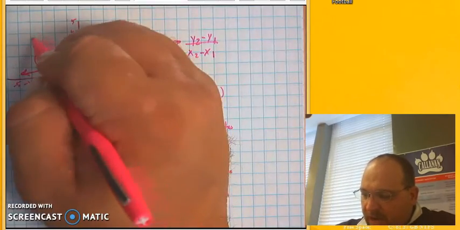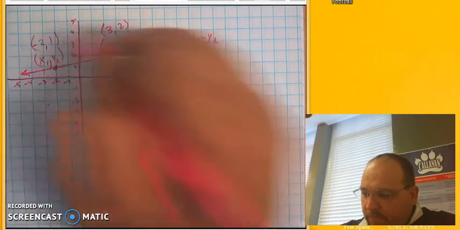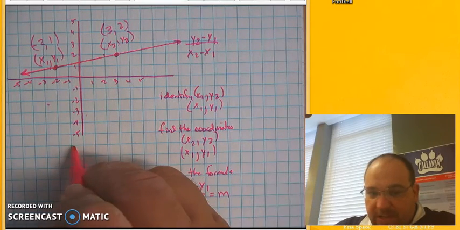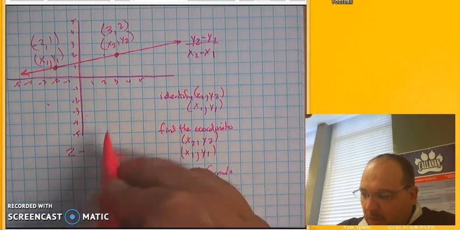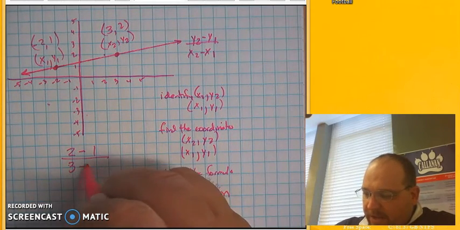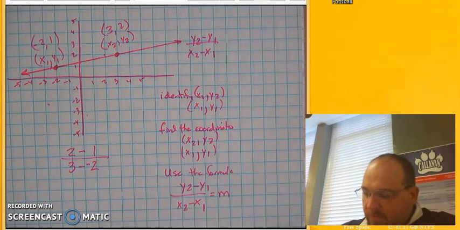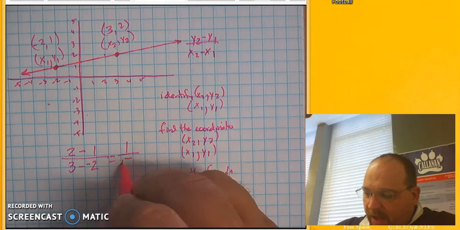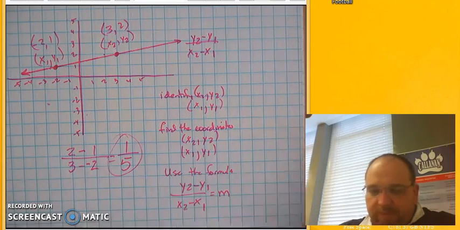This coordinate is (-2, 1). Now I'm going to use the formula. Substituting y2, I take 2 minus y1 of 1 over 3 minus negative 2. 2 minus 1 is 1. 3 minus negative 2 is 5. So your slope is 1/5.